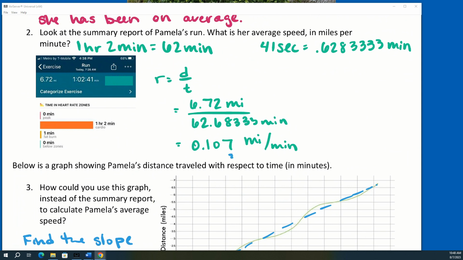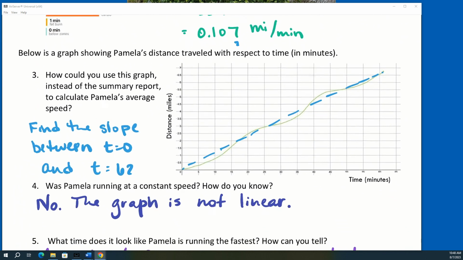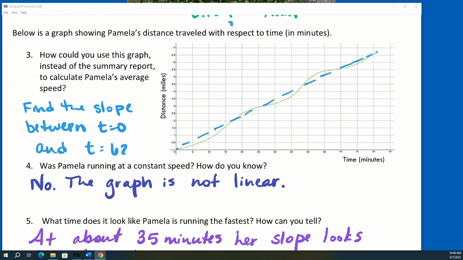If you round too soon in a problem, sometimes it alters your answer, and you want to make sure you're good to three decimal places. All right, and then it is miles per minute because you had miles in the numerator and minutes in the denominator.